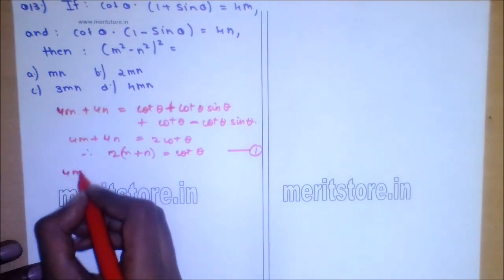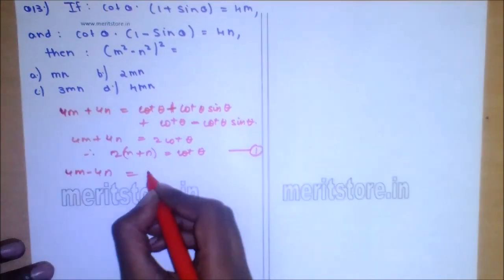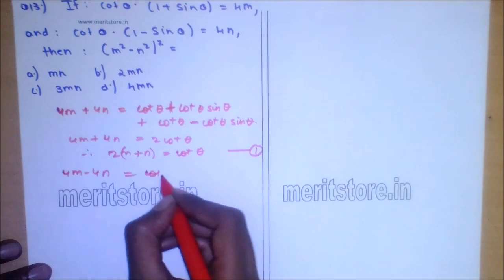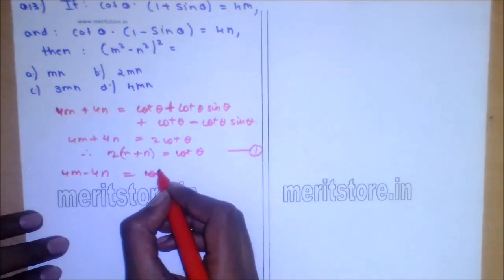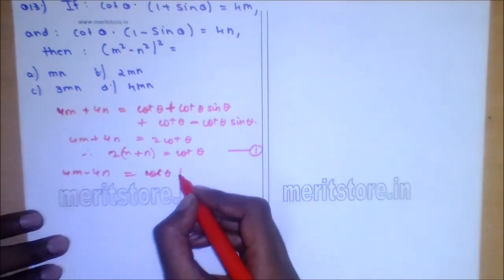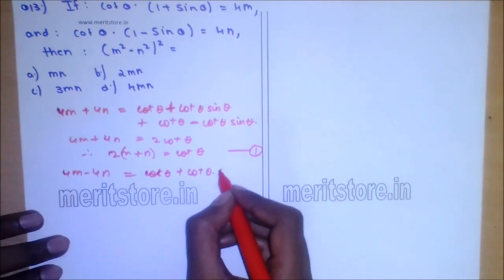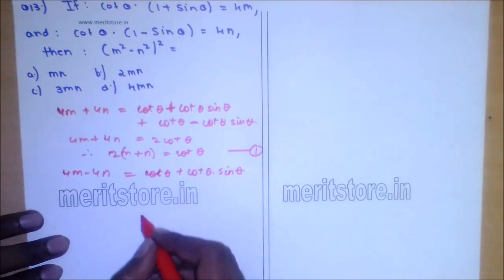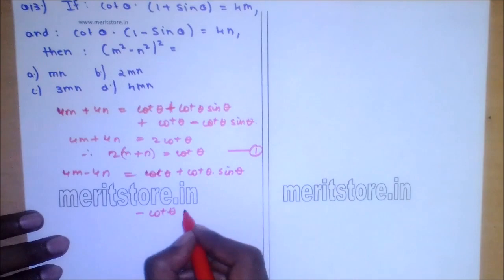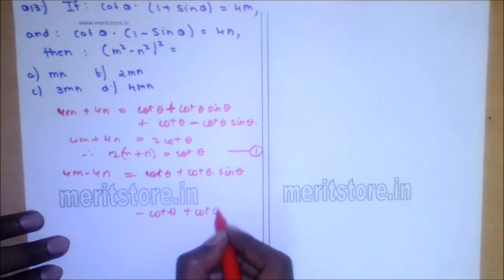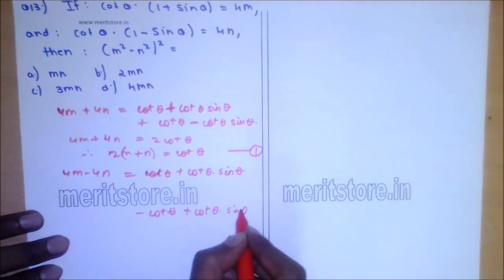Similarly, we have 4m − 4n equals cot θ plus cot θ sin θ minus cot θ plus cot θ sin θ.